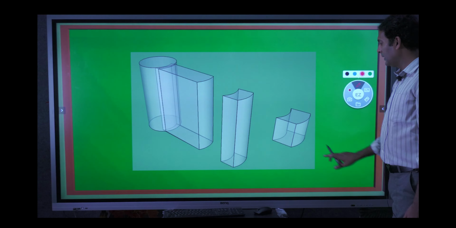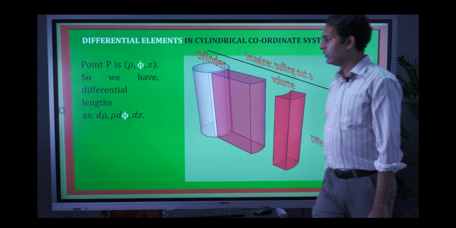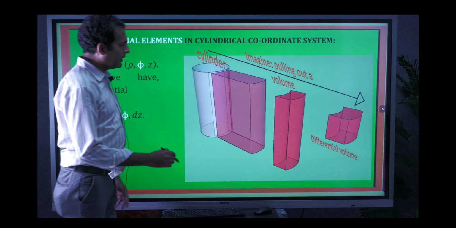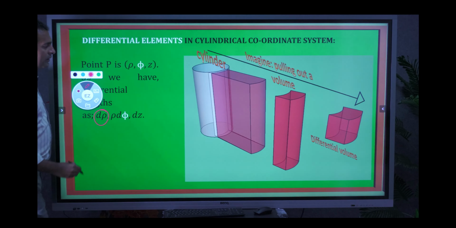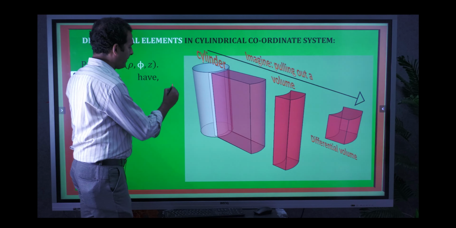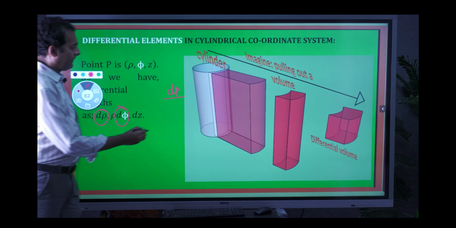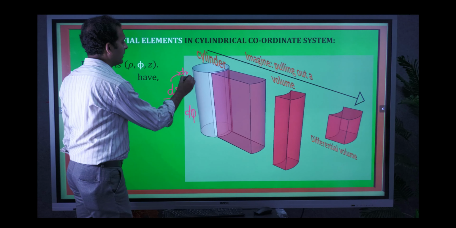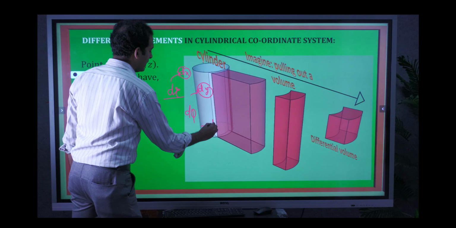So for representing this differential volume, we require some elements. The first one will be the differential radius, which will be as it is. We will call it d rho or dr. So the first differential element will be dr. The second one will be d phi. You can compare it with dx, dy, and the third one we will get is dz, which is as it is.